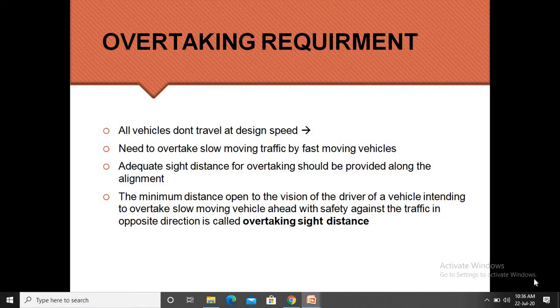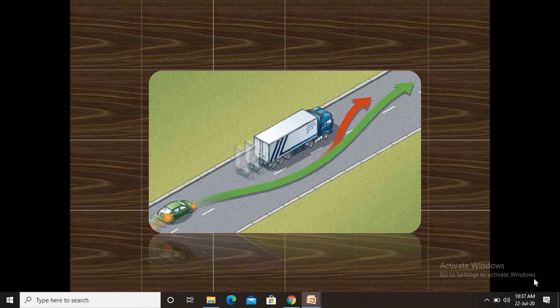The overtaking sight distance is the distance measured along the center of the road which a driver with his eye level 1.2 meter above the road surface can see the top of an object 1.2 meter above the road surface. You can see this in the diagram. Here the container is moving very slowly, so we need to overtake that slow moving vehicle.